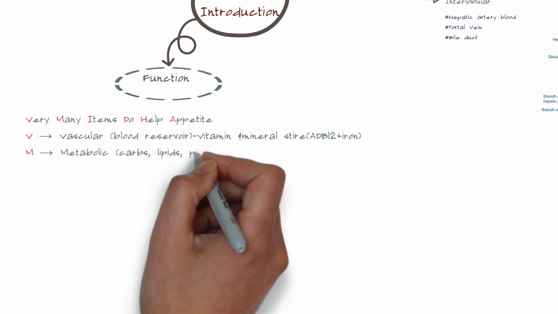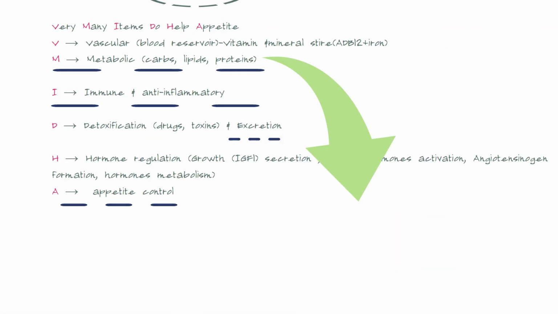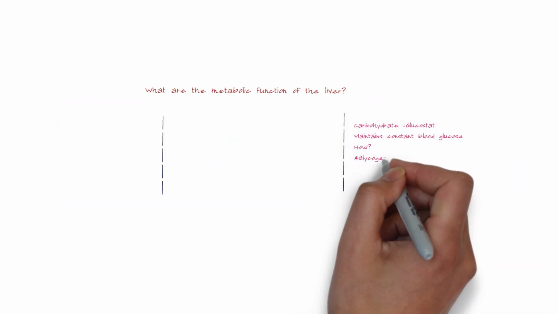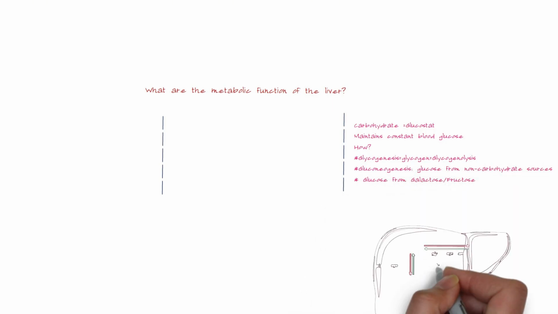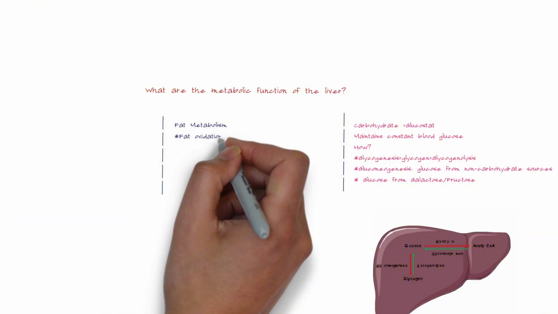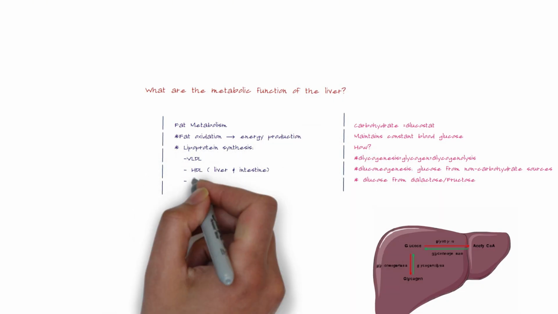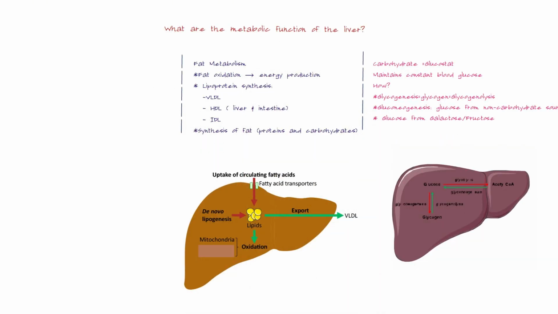In the functions, remember many items to help. V: vasculars and vitamins. Remember vitamins A, D, B12. M stands for metabolic, for glucose and glucostasis. Remember three: gluconeogenesis, glycogen storage, and fructose and galactose as a synthesis for glucose.